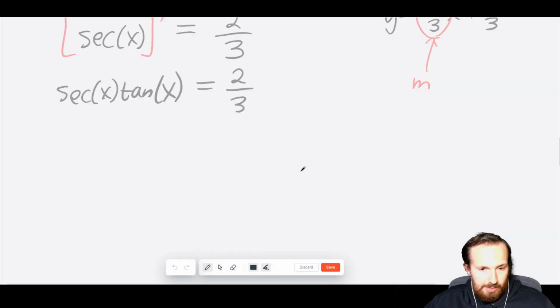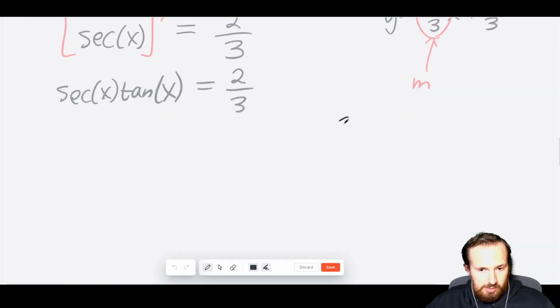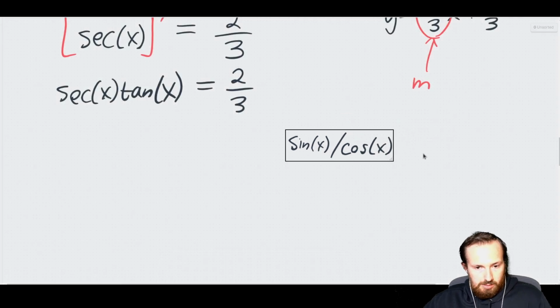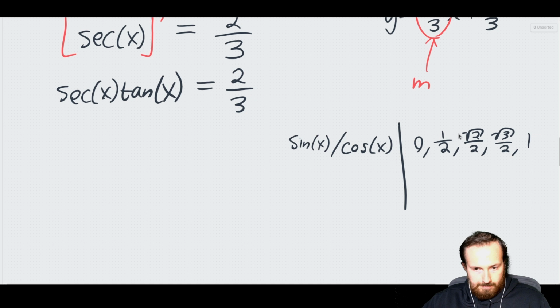But if you think about the different values on the unit circle that we can have for, say, sine and cosine, the general values that we remember are basically 0, 1 over 2, radical 2 over 2, radical 3 over 2, and 1 at different values.